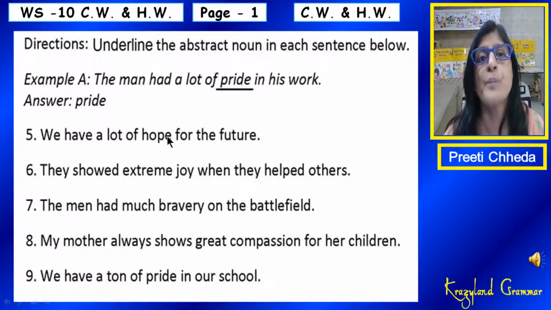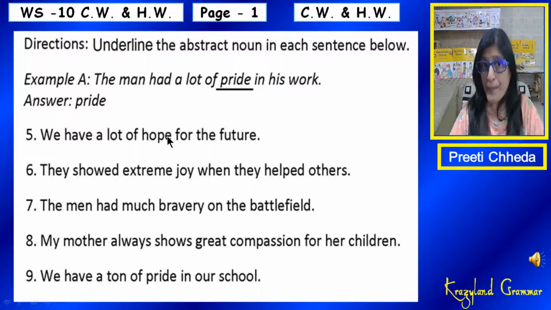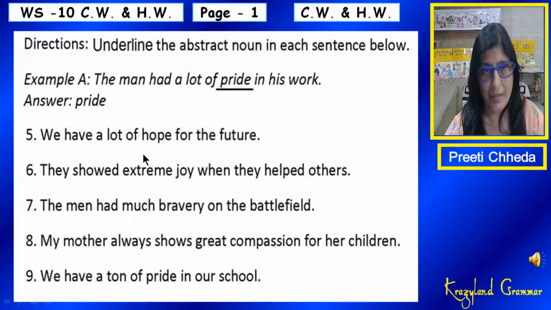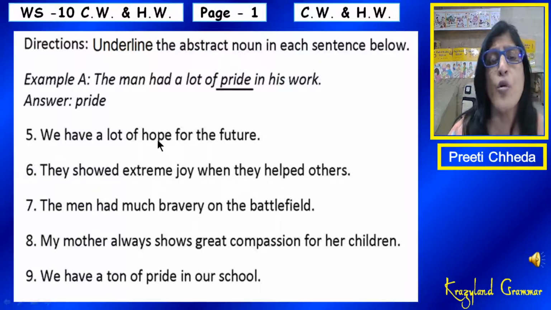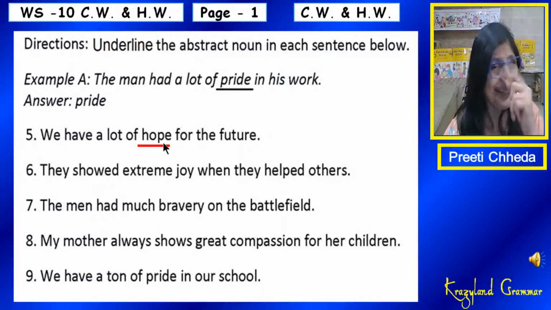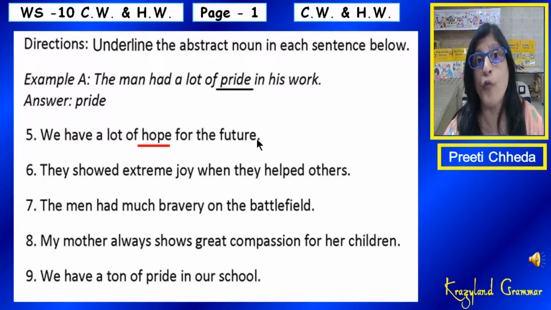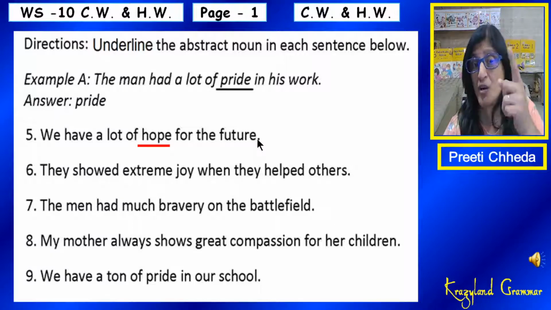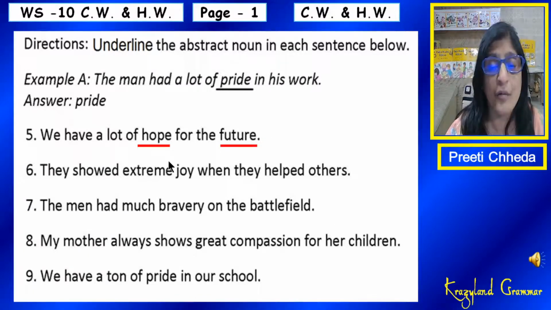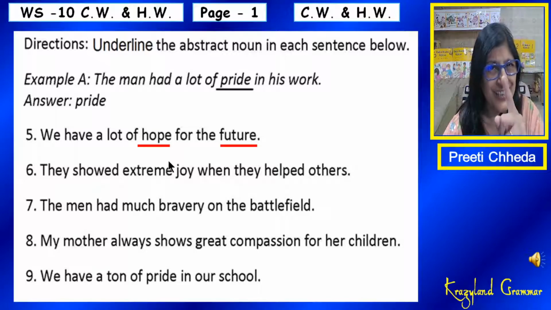So hope means the wish I have for the future. आशा, yes, you can do something in the future. So hope is an abstract noun. For, no. The, no. Future. Yes, this is tricky. Don't forget the time concept. So future is your time concept and it is an abstract noun. So clear, how do we check?